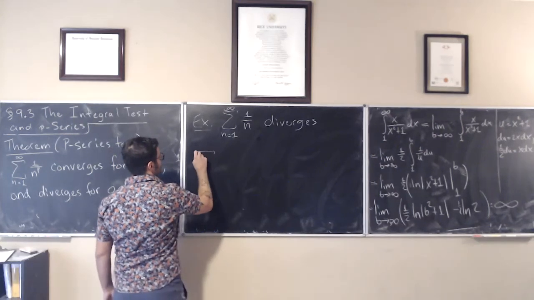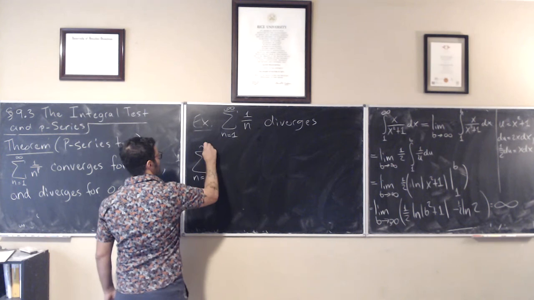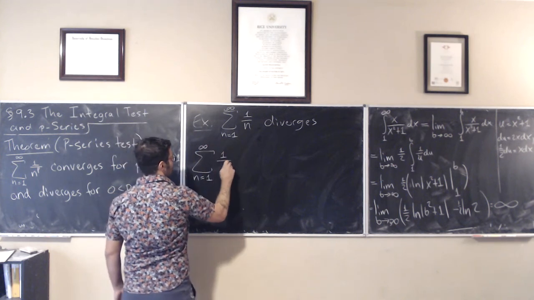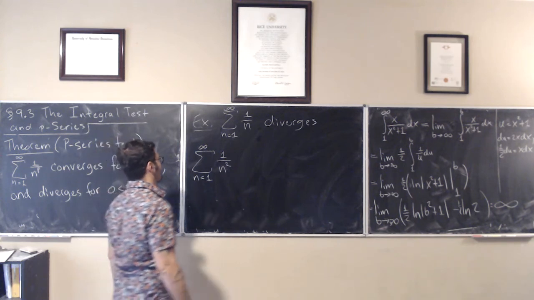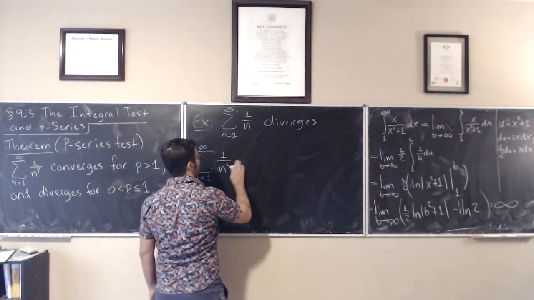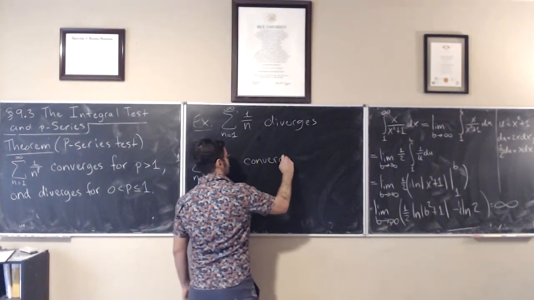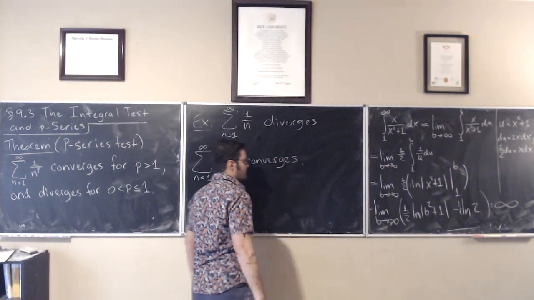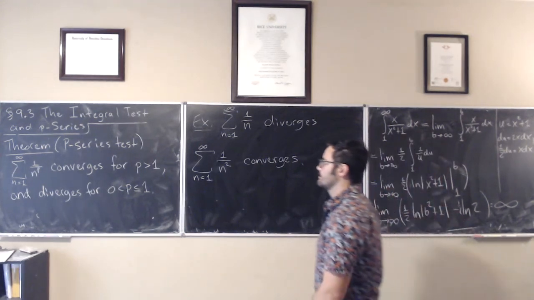Whereas if we look at the square of the harmonic, like that, this converges. The p-series test is probably the easiest of all of the tests for convergence that we'll encounter.